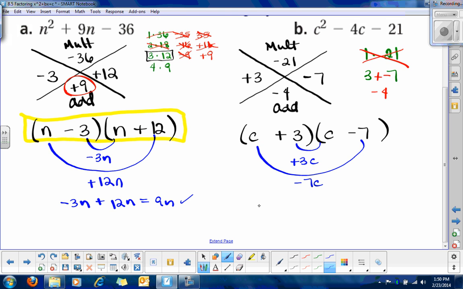And when we check that, that's a positive 3c plus a negative 7c, or minus 7c, and that's going to equal negative 4c, which is what we wanted. So our answer is correct. There's our final answer.